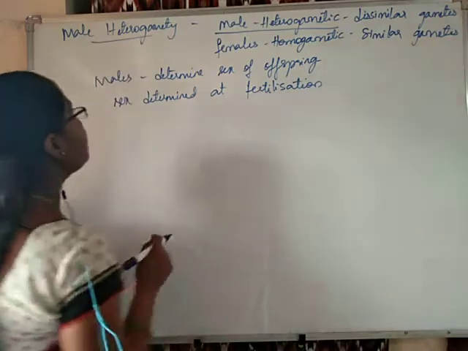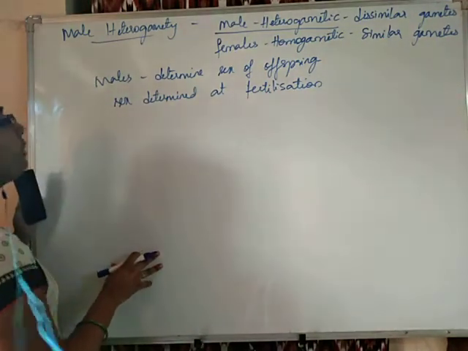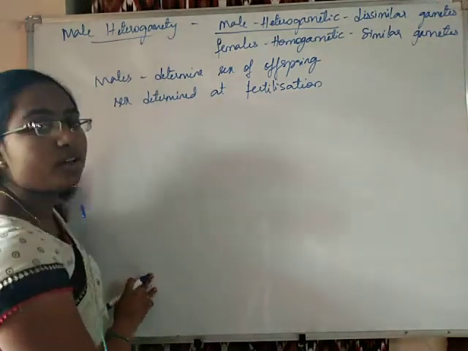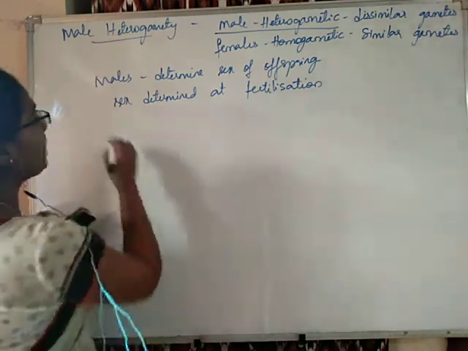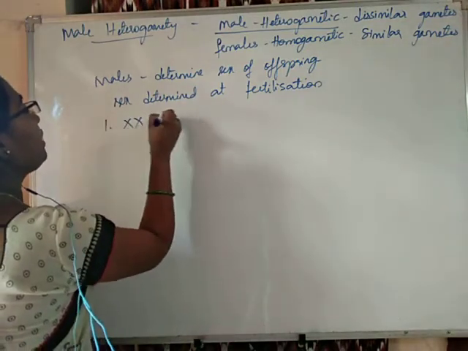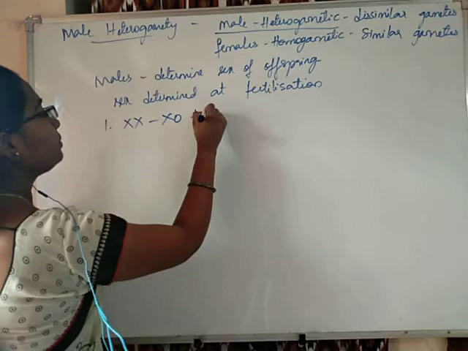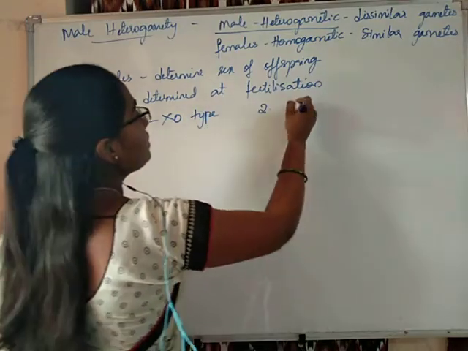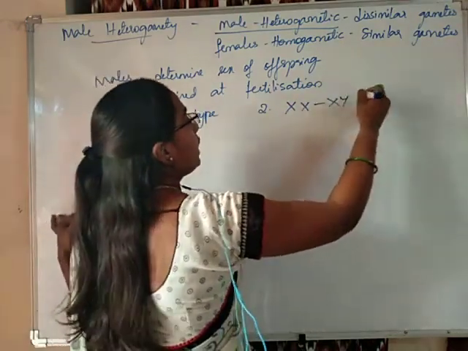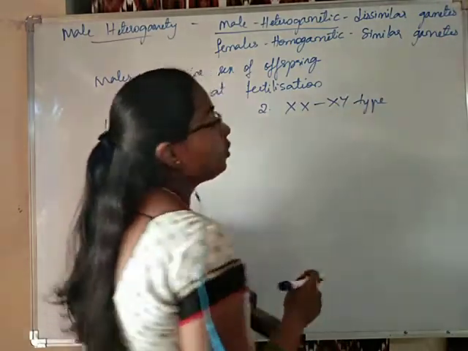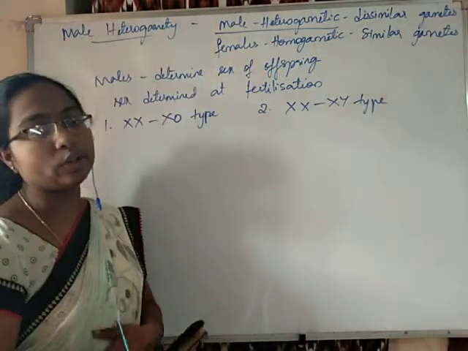Okay. So, let us see the different types of male heterogamety. There are two different types of male heterogamety, students. The first type is XX-XO type. Second one is XX-XY type. Okay. So, these are the two examples for male heterogamety.